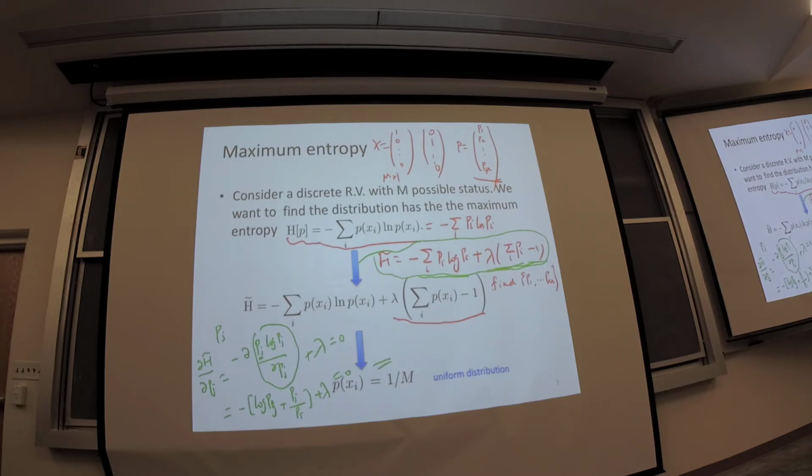Now you can further get logarithm of Pj equals minus 1 minus lambda. If you just manipulate it, Pj is the exponential of minus 1 minus lambda. Do we need to further calculate?